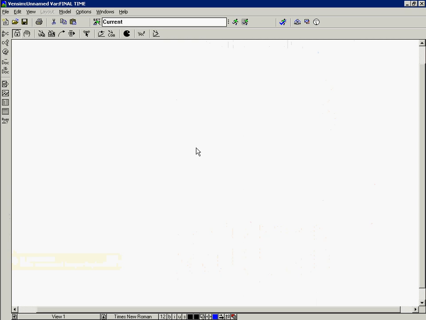Now, this is a version of Vensim PLE that I have. I think it's changed over time a little bit in terms of the user interface. So you may see slightly different icons up here than me. And apologies, I should have gone and downloaded the very latest version because I think they've changed a few of the buttons up here. But let me orient you with respect to Vensim, okay?